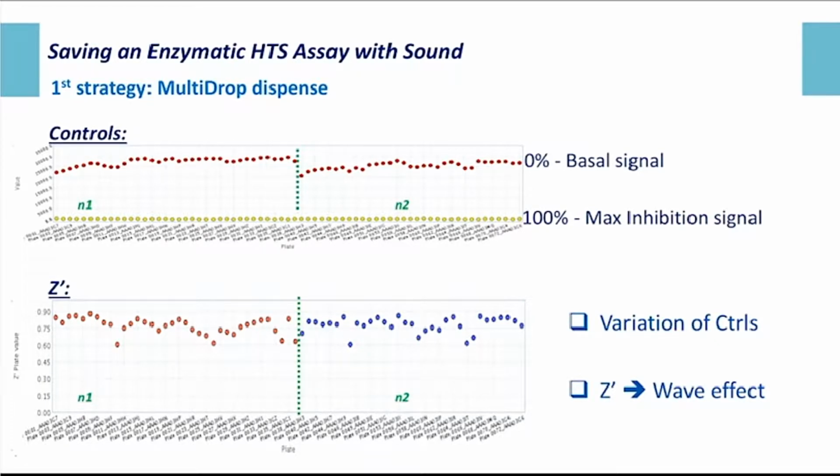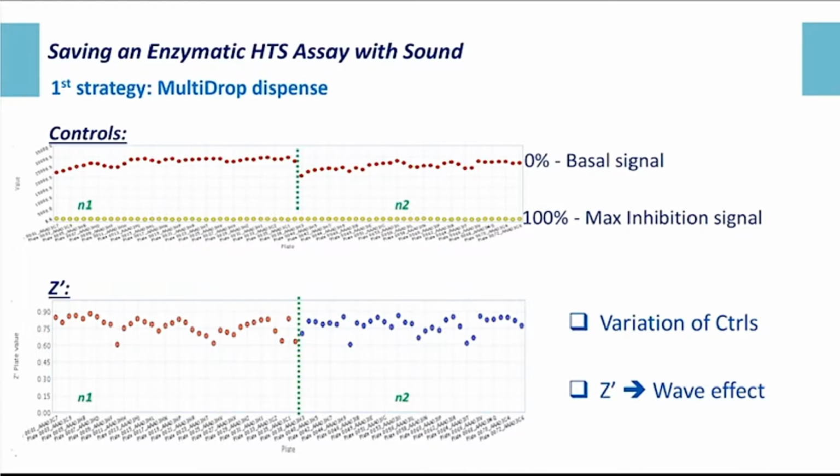As you can see, there is some variability in the basal signal, with an increase of the basal signal along the time, along the plates. If we look now at the Z prime value, there are more variable values than for the controls, with a very nice wave effect. So regarding these 2 parameters, control and Z prime, we could already suspect some problem in the process.